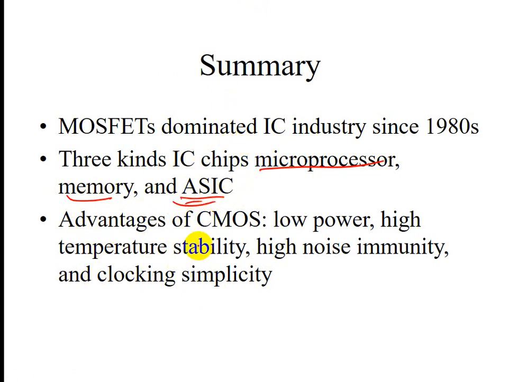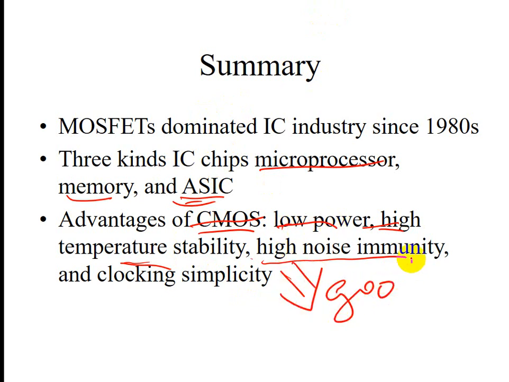The advantage of CMOS used in fabrication in the fab, instead of simple PMOS or NMOS, is because of low power consumption, high temperature stability, and high noise immunity. Okay, and as we mentioned, this means good quality for CMOS.